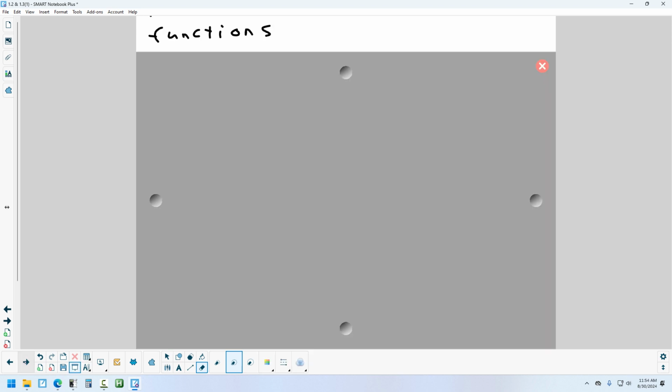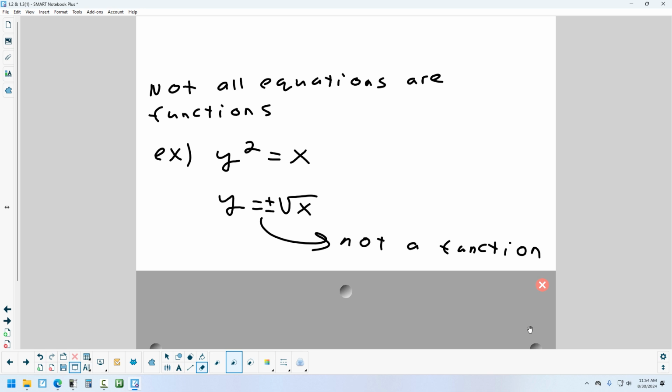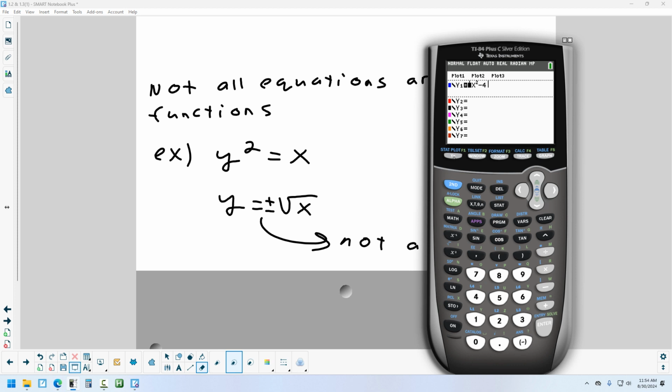All right, so the last thing. I already mentioned this to you, but just to kind of put it up on the board formally. So not everything that you can graph is a function. And in Algebra 1, the simplest way they explain what a function is is basically relating it to the vertical line test.